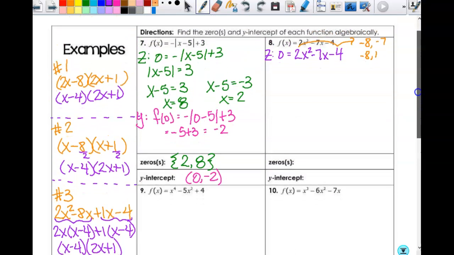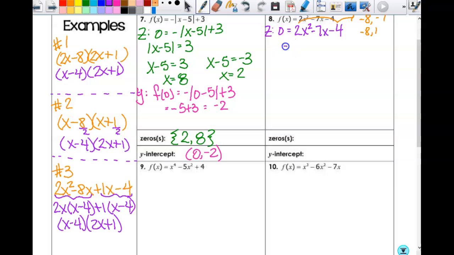However we factor it, we get x minus 4 times 2x plus 1, right? Then what do I do with equal to 0? So x minus 4 equals 0, and 2x plus 1 equals 0. So x equals 4, and x equals negative 1/2. We agree with that? Then here we've got negative 1/2 and 4.